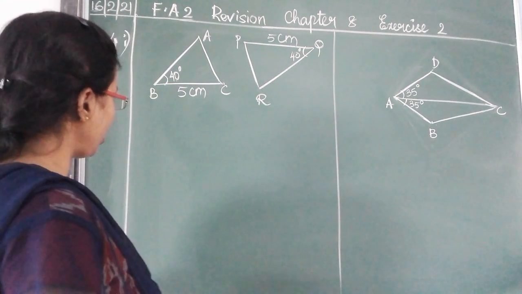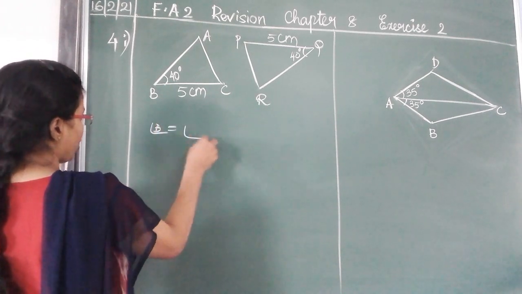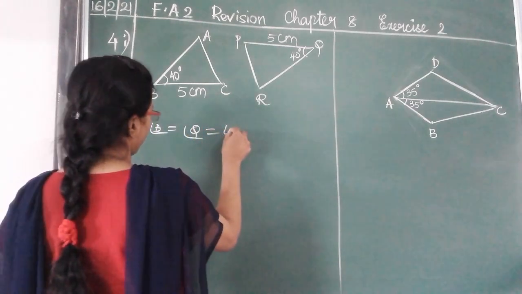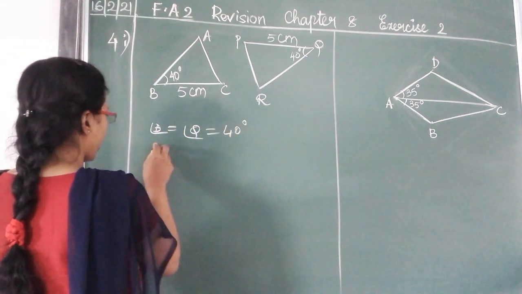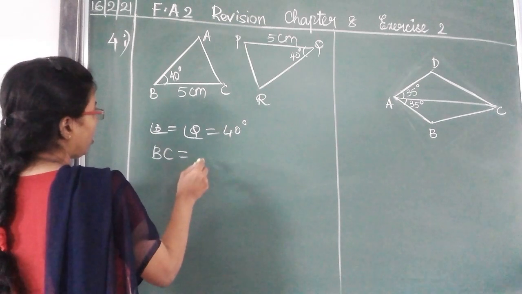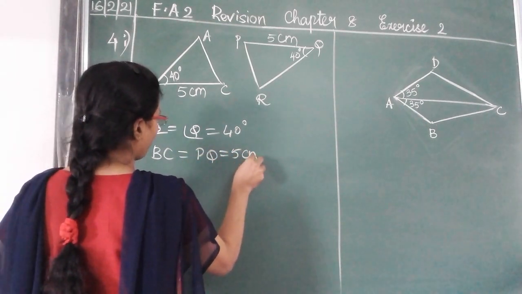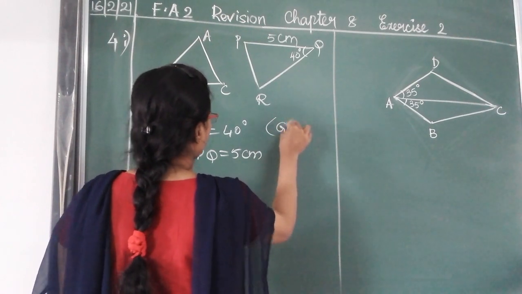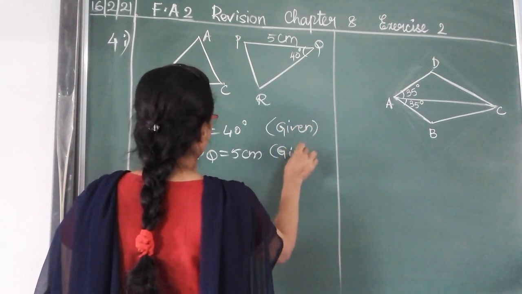Here in the question they have given that angle B is equal to angle Q, which is equal to 40 degrees. Now we know that BC is equal to PQ, both of them equal to 5 centimeters. These two things are given.